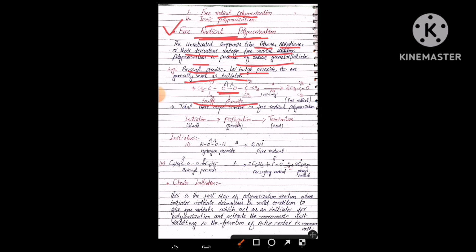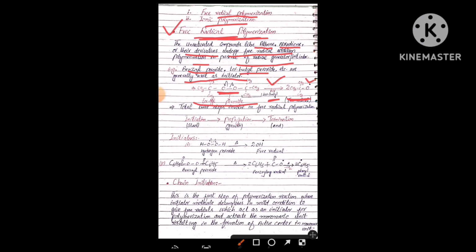When this bond breaks homolytically, meaning equally, the electrons move towards their sides as free radicals in the presence of either heat or light. These are two molecules of tertiary butyl peroxide free radical in front of you. This dot actually shows the free radical.